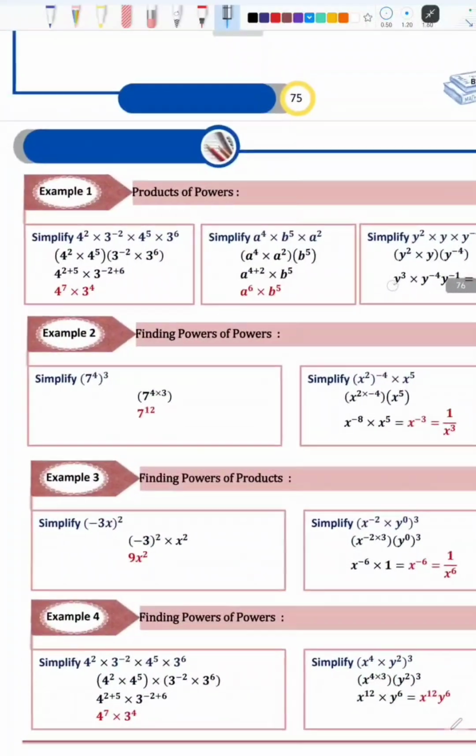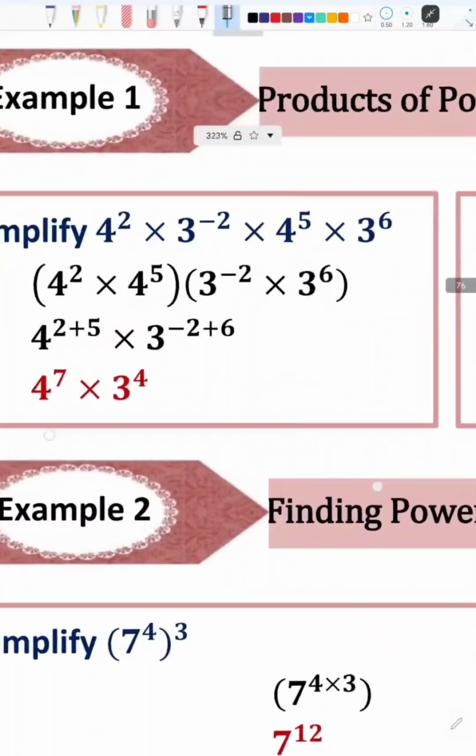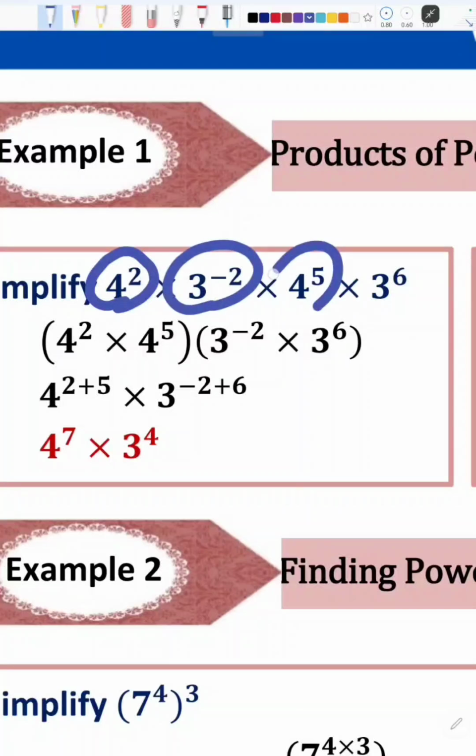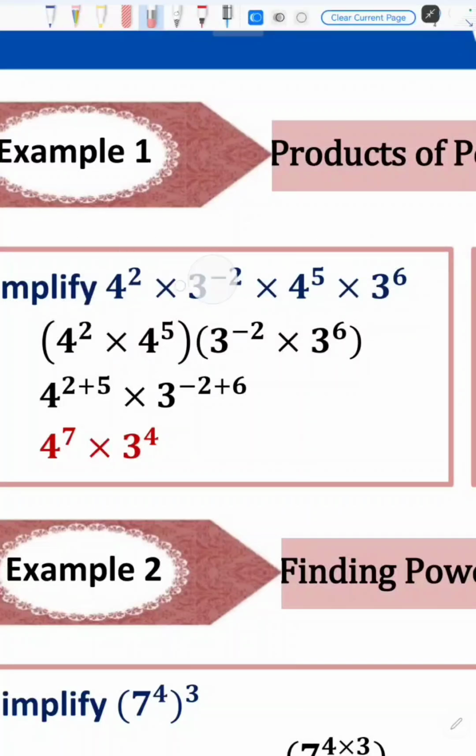Let's solve some examples. Example 1. As you can see, here we have 4 power 2 times 3 power negative 2 times 4 power 5 times 3 power 6. Check for the same base.